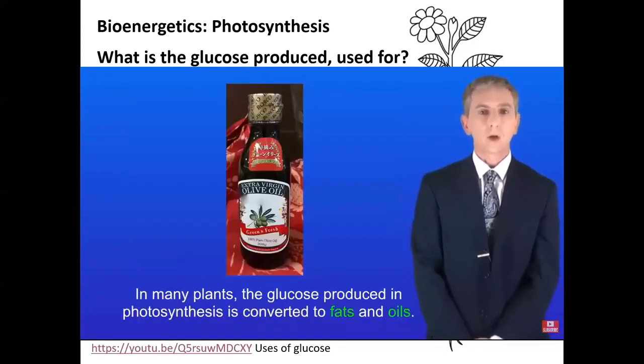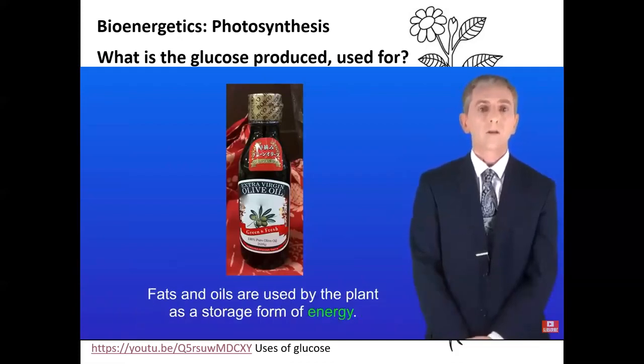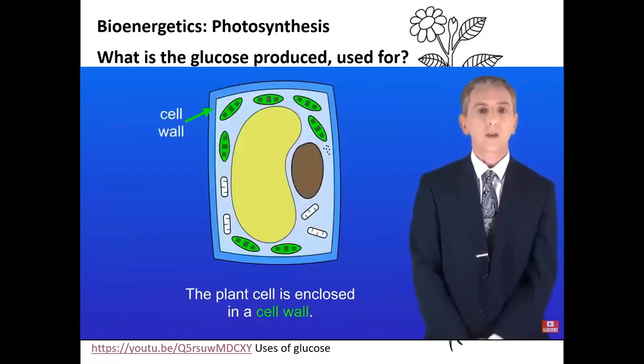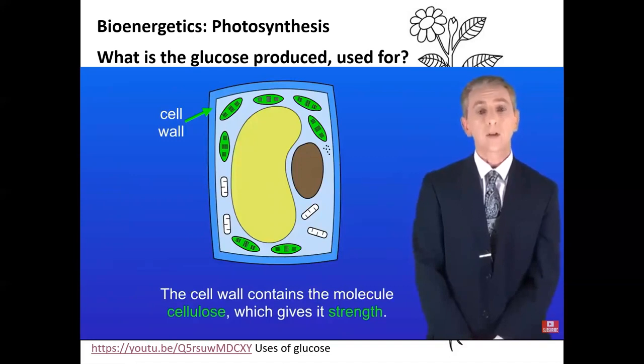Now in many plants, the glucose produced in photosynthesis is converted to fats and oils, such as this olive oil. Fats and oils are used by the plant as a storage form of energy. In a previous video, we saw that the plant cell is enclosed in a cell wall. The cell wall contains the molecule cellulose, which gives it strength.